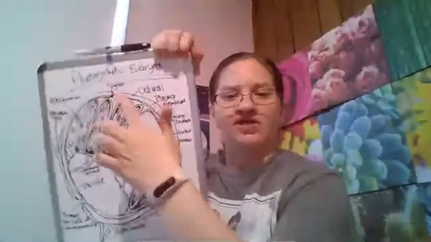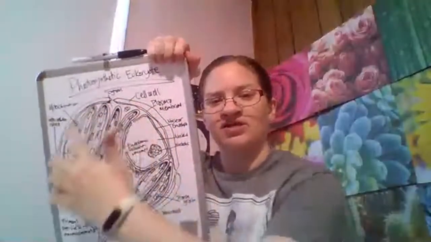Now we get to the main thing for what makes a plant cell distinctly different from the rest of the cells. So, the cell wall, which I touched on last time, around the edge there.